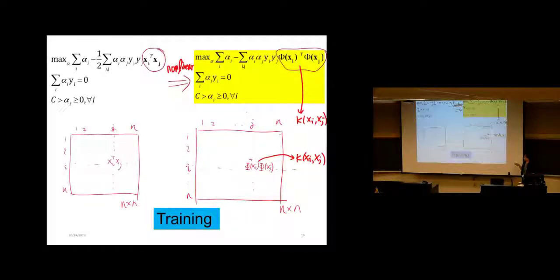So this element is O(p) cost in the linear case. And I need to calculate all the pairwise kernels. So to calculate this matrix, what's my computational cost?